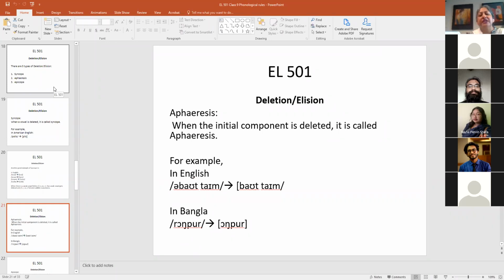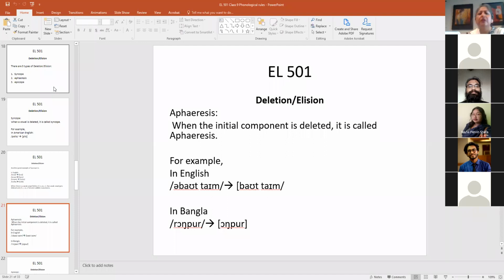Okay. So moving on to apheresis, which is another kind of deletion. In apheresis, it is the initial component that is deleted. It can be either a consonant or a vowel, it does not matter, as long as it is in the initial position of the word. So if it is in the initial position and it gets deleted, it is then called apheresis. In English, you have about time. Sometimes it becomes 'bout time you're here. Why did it take you so long?